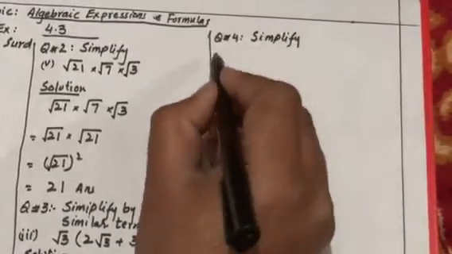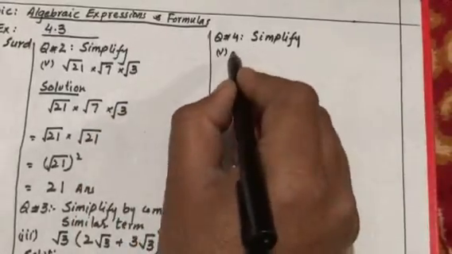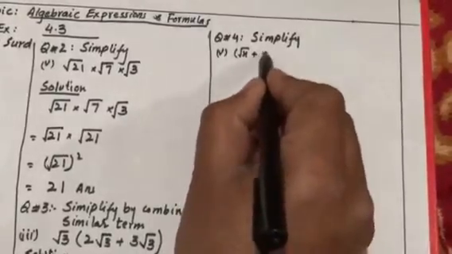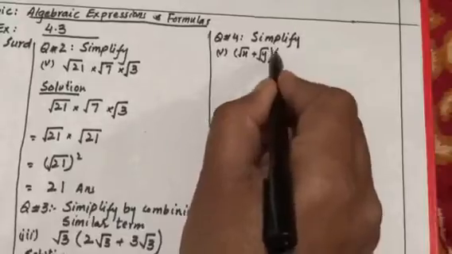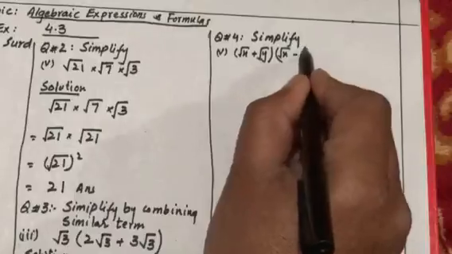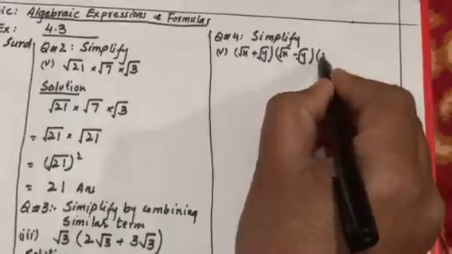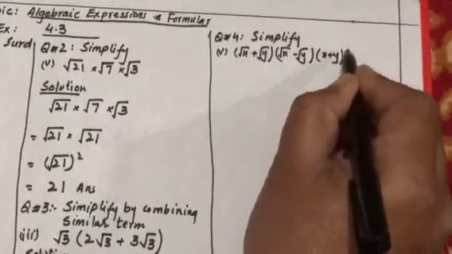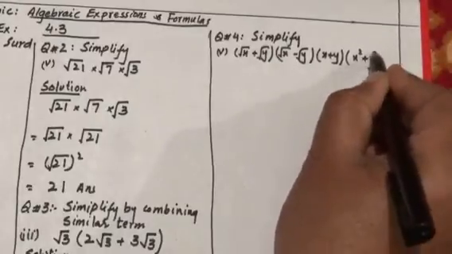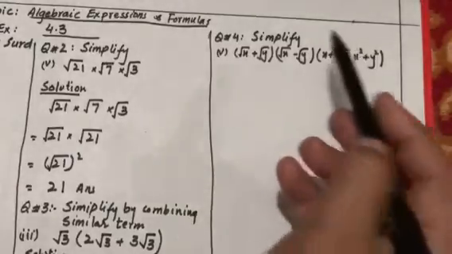We are going to solve the fifth part of this question, which is (√x + √y)(√x − √y)(x + y)(x² + y²). So we will simplify these surds.